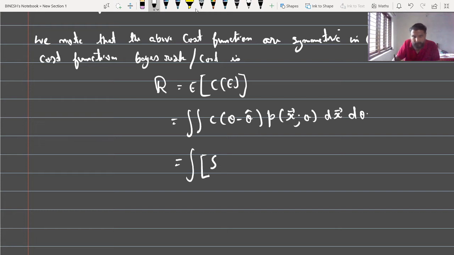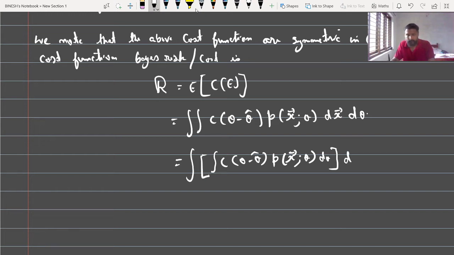That integral I can make into a box. Integral of C of theta minus theta cap, P of x, theta, d theta into dx.